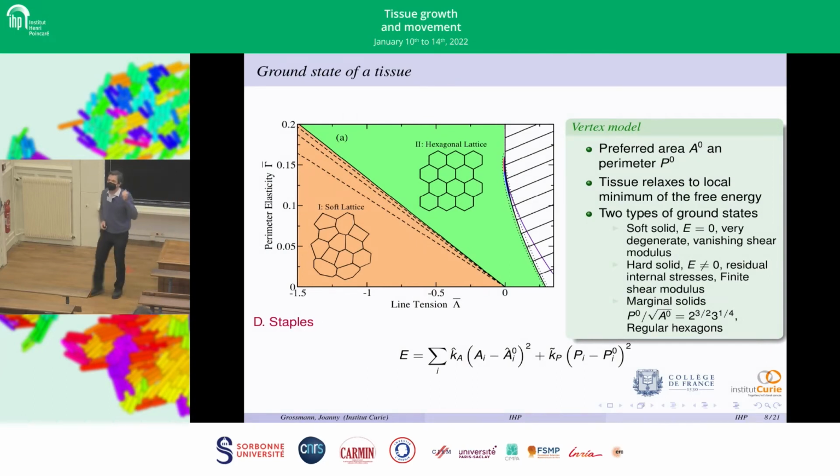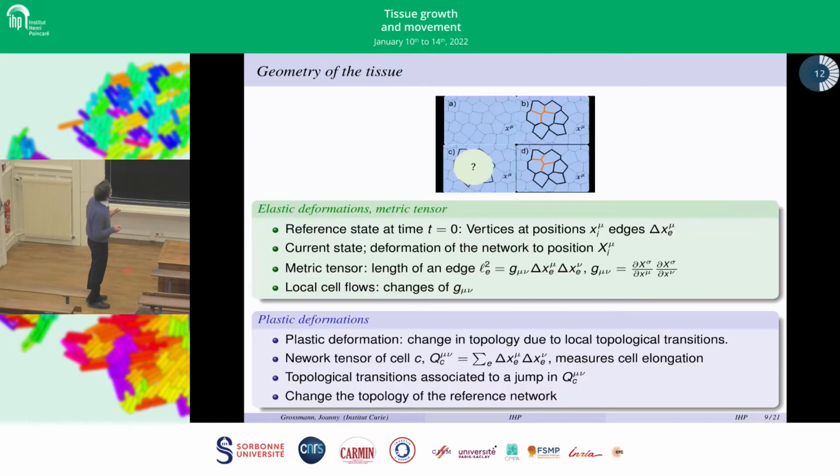In this case, which is a case I will call a hard solid, there is a finite shear modulus, and the ground state is a perfect lattice of hexagons. Now, the transition between these 2 states occurs for a critical value of this shape ratio, which is just the ratio of the perimeter to the square root of the area of a regular hexagon. So that's for the ground state.